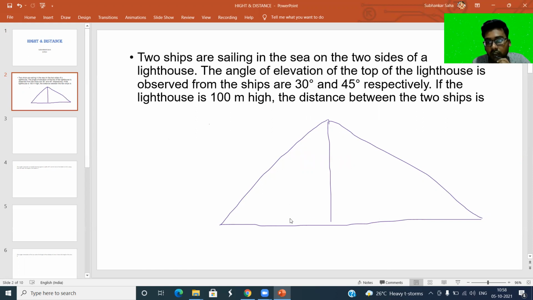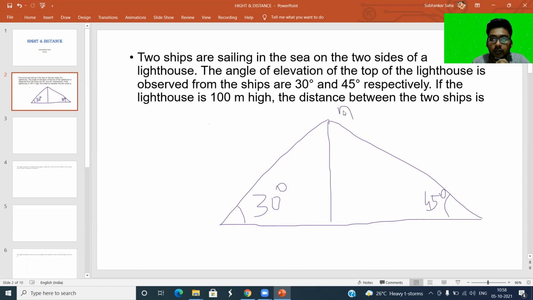It is the horizontal line and the point is here and here. Above the horizontal line means angle of elevation. In this question, the given angle of elevation means the point is above this horizontal line. So this angle of elevation is 30 degrees and this is 45 degrees.